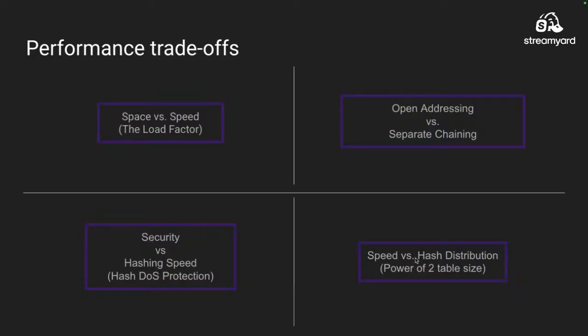What that means is, suppose you get a hash as 12 and the table size was 8. Python does 12 bitwise AND 7, because 7 is 8 minus 1. If you look at the binary notation of 7, it's three ones, so you're just taking the least significant 3 bits of 12.